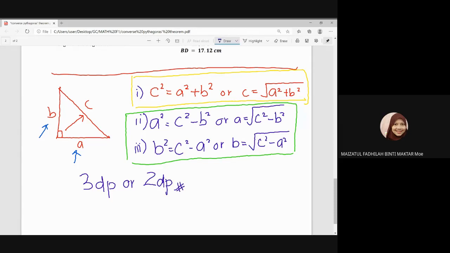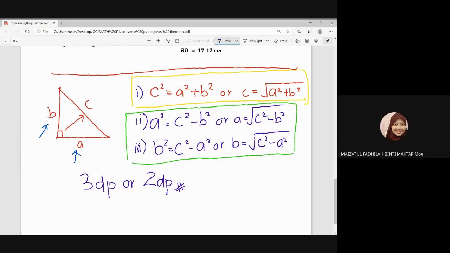When the question asks you to find something and does not state until what decimal places, maximum is either 3 decimal places or 2 decimal places. But if the question already gives you how many decimal places you need, it's easy for you. But if not, you only write down between both. If you want to write down one, can also, but for me it's not very accurate. So depend on you.